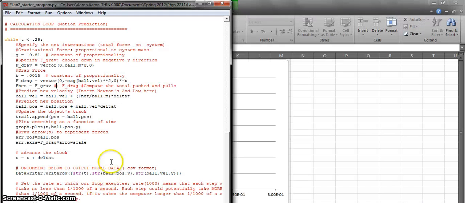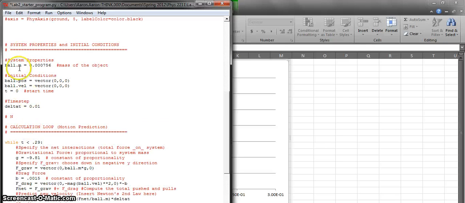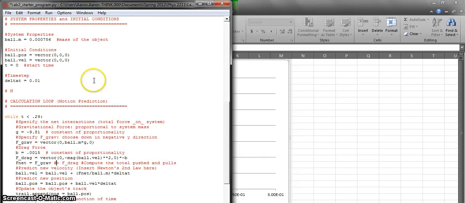So in order to get the theoretical data, I came over to this model program, which we created in order to calculate the position of an object under certain conditions. So this one would be for the tissue, which had a mass of about 0.000756 kilograms, and it had initial position 0, 0, 0 and no initial velocity.